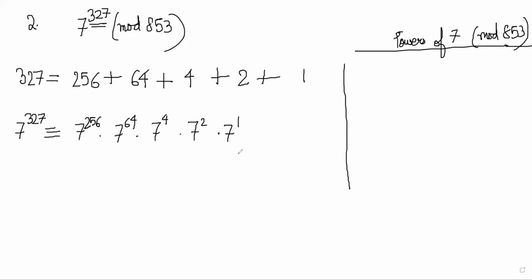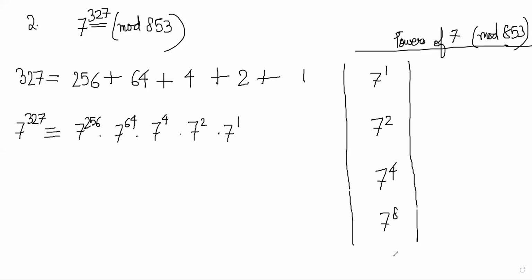And now it is obvious why you constructed this table, right? Yeah. Because in this table, you know 7 power 1, 7 power 2, 7 power 4, 7 power 8, 7 power 16, mod 853. So this is equivalent to, now look at the table: for 256, what was the modulus value?